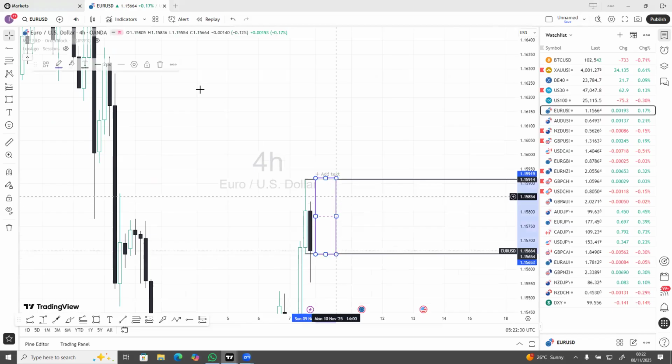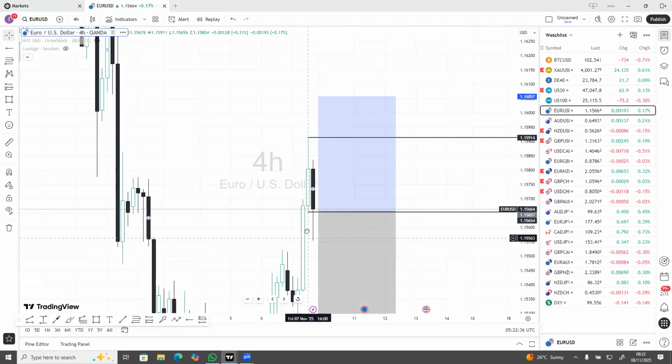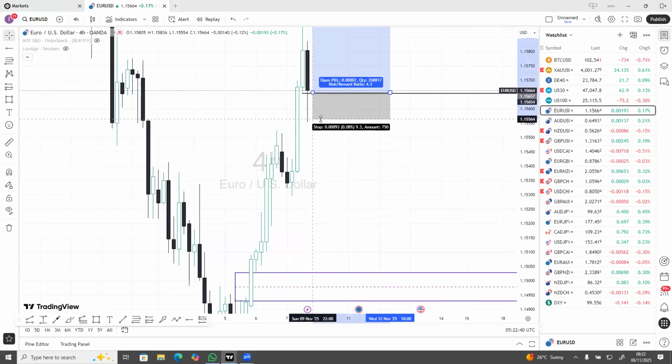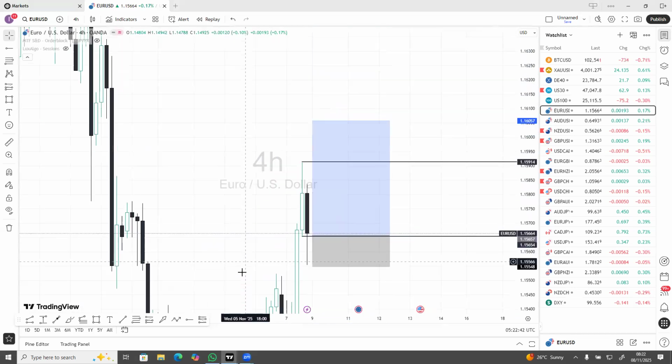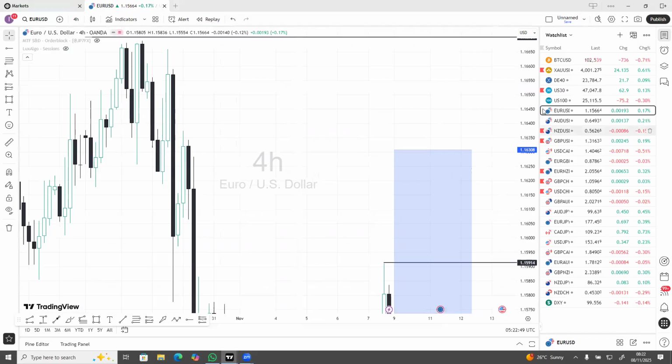So you have to shift to the lower time frame to find the exact point where we can execute a buy. Without shifting to the lower time frame, on Monday we're supposed to take a buy.